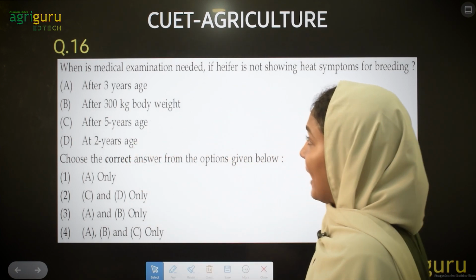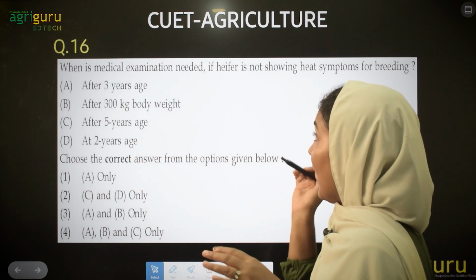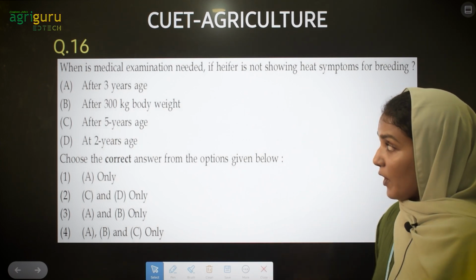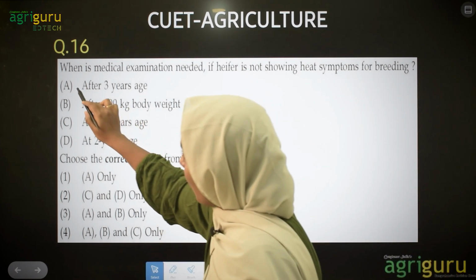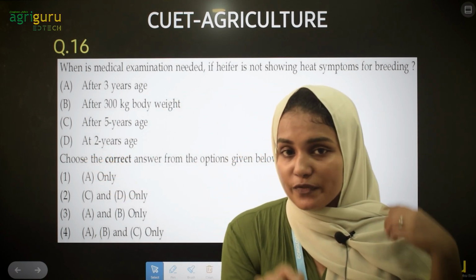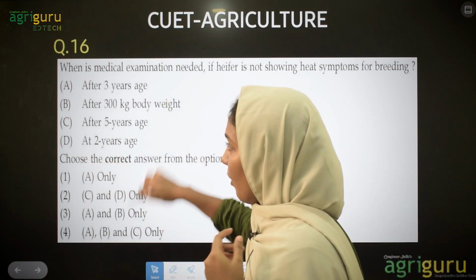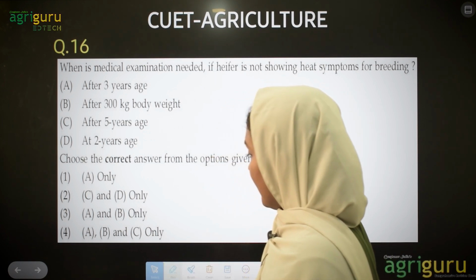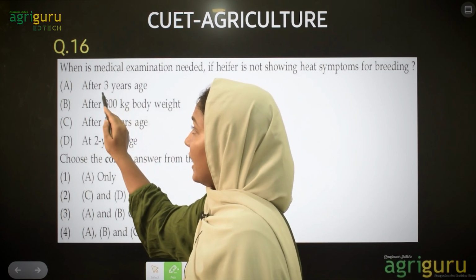When is medical examination needed if heifer is not showing heat symptoms for breeding? When there are some options given, we have to choose from the combination. Which combination is the right answer? The right answer here is after 3 years of age.